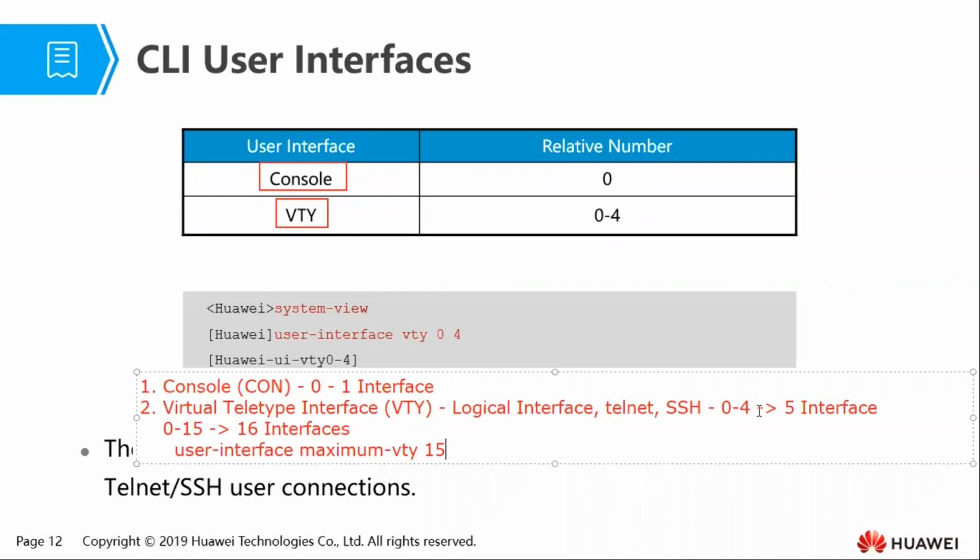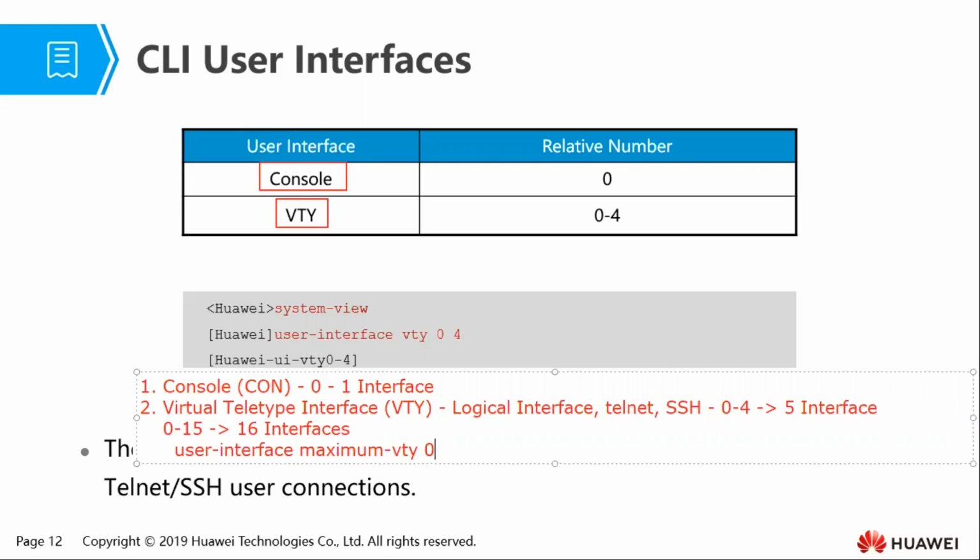Now, in case you want to stop VTY access, you use the command user-interface maximum VTY 0. This ensures that no users are allowed to log into the router or the switch using Telnet or SSH.